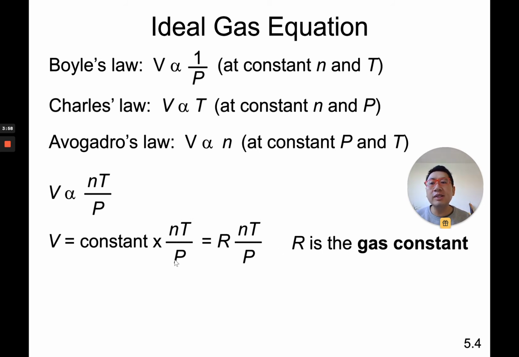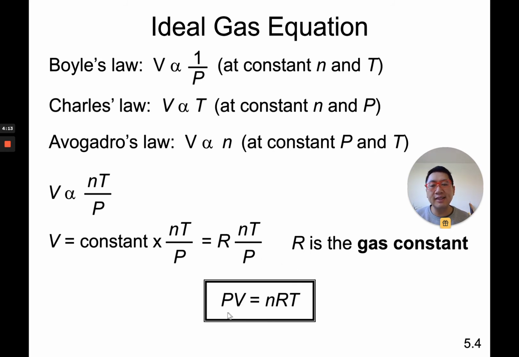So volume is equal to a constant called the gas constant. That's easy, this whole chapter is on gases. So the gas constant times the number of moles of gas times the Kelvin temperature, all divided by the pressure. Rearranging that equation, it's sometimes written like this: PV equals nRT.